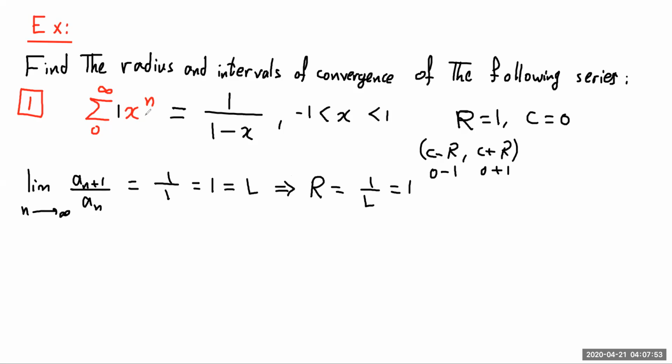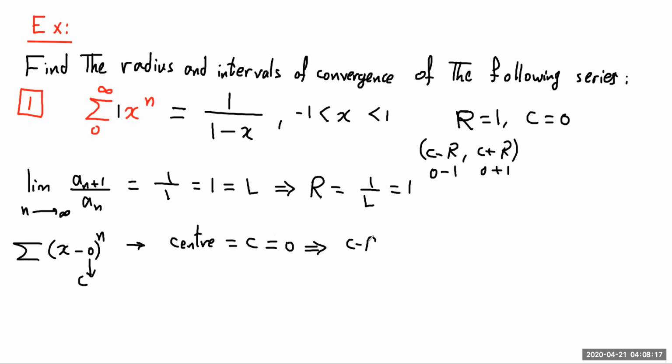We have here (x - 0)^n in my sigma, so this 0 is c. So the center of the interval c is 0. Finally, after calculating c and R, we have (c - R, c + R), the interval of convergence. It's (0 - 1, 0 + 1), so it's (-1, 1).